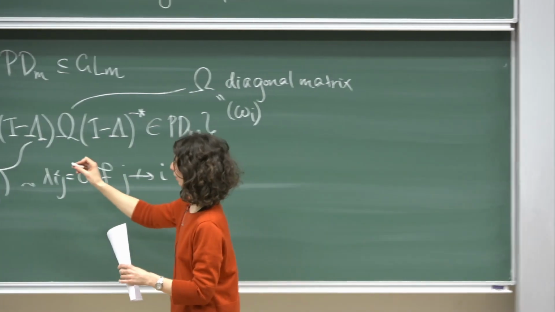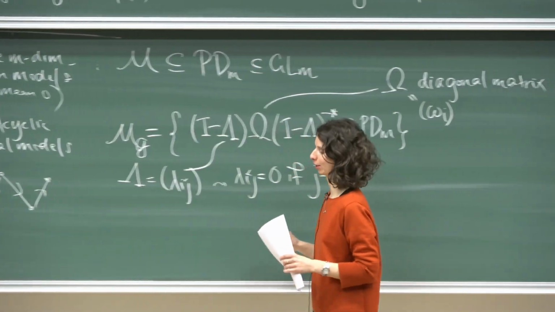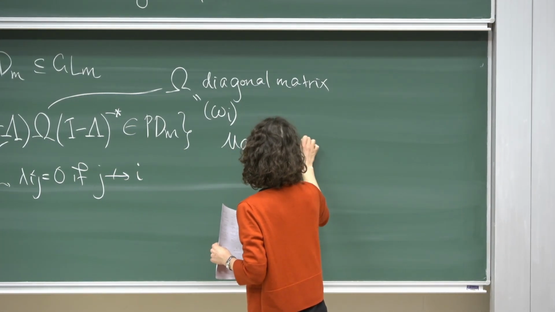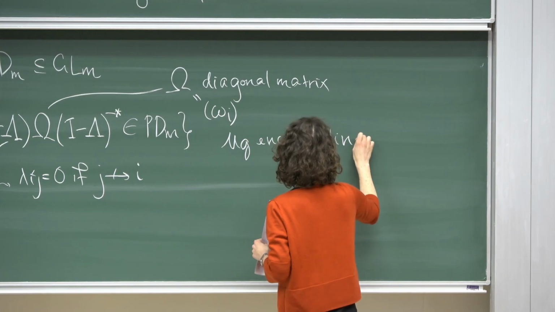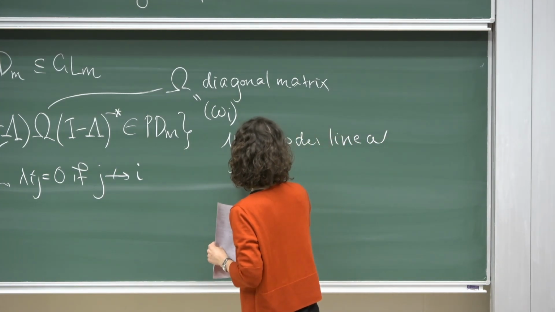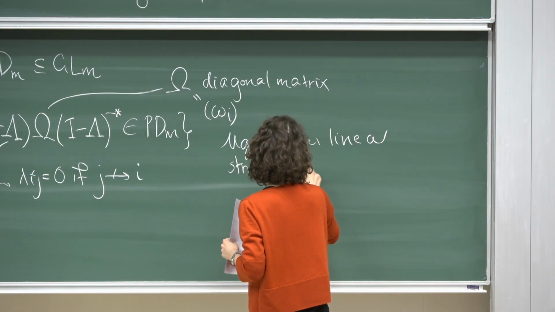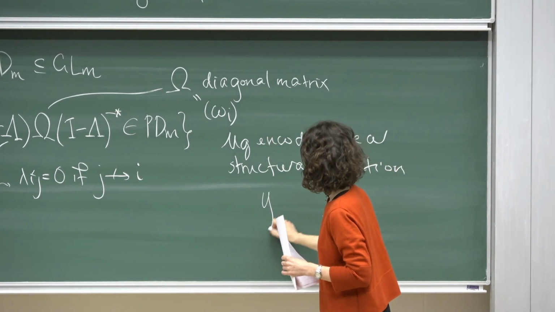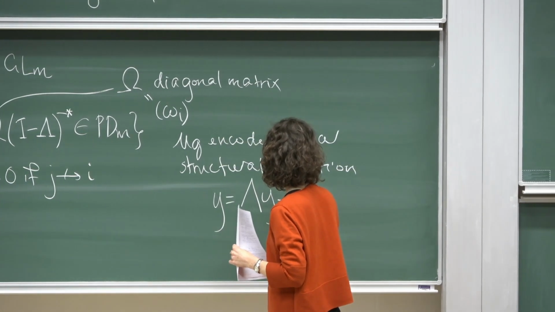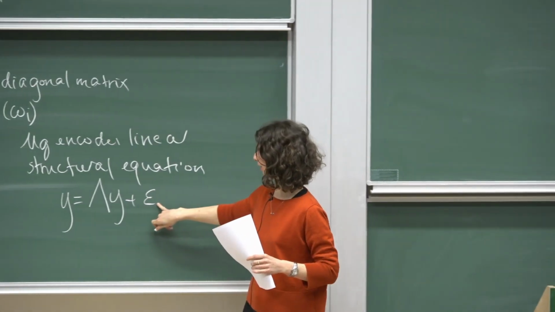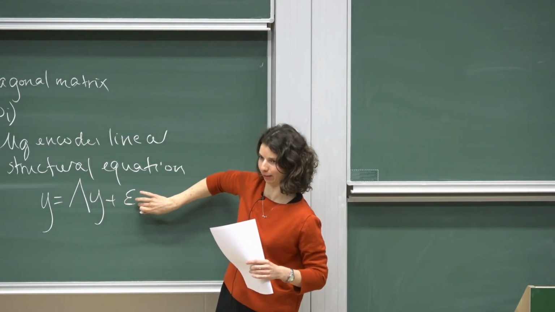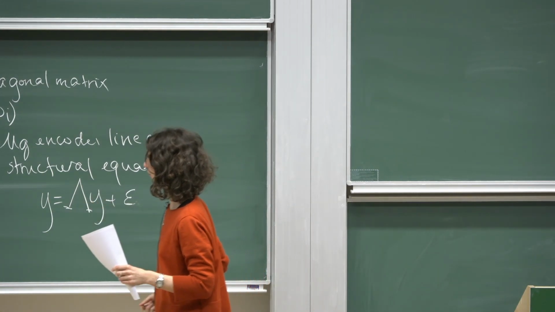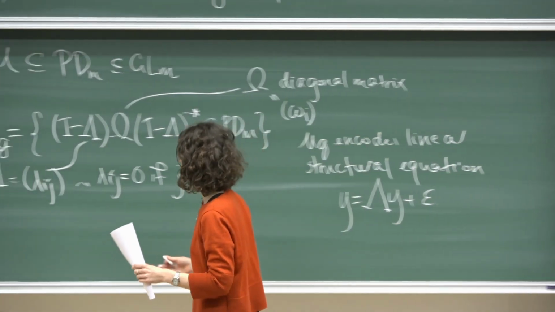Sorry, here I should really put M_G, because it's determined by G. So M_G, this model, encodes a linear structural equation: y equals lambda y plus some noise, and omega is captured inside this epsilon. Okay, so that's what I want to say about the models.